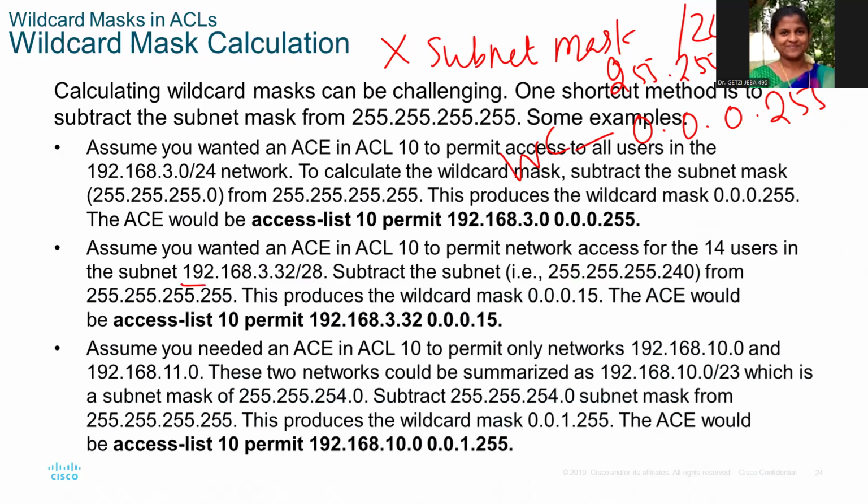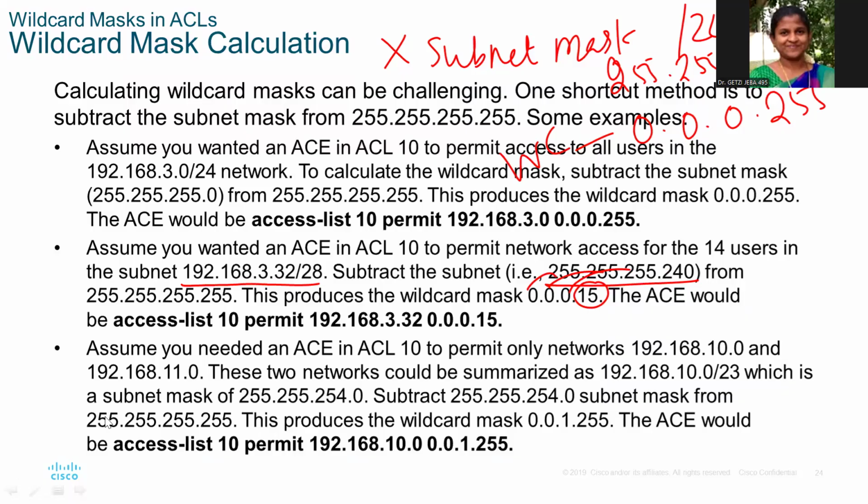Suppose 192.168.3.32/28. 28 means the subnet mask is 255.255.255.240. So let us write the opposite of that: 0.0.0 and the opposite of 240 is 15.